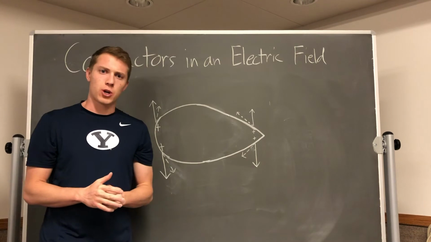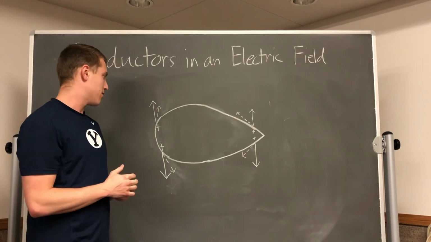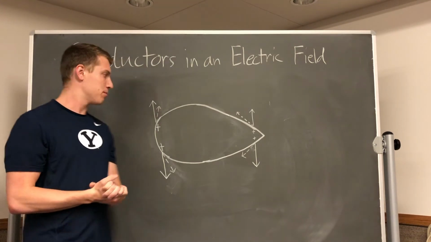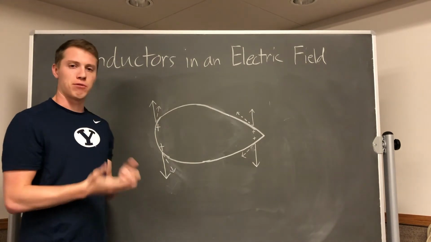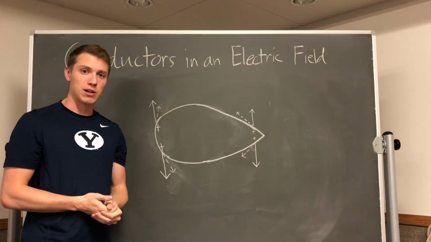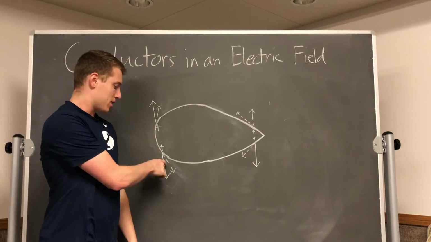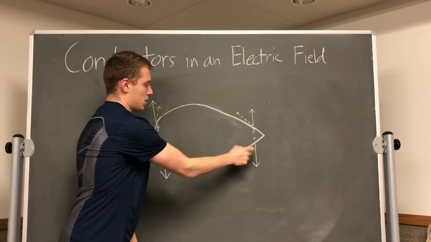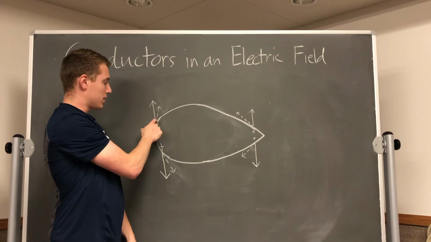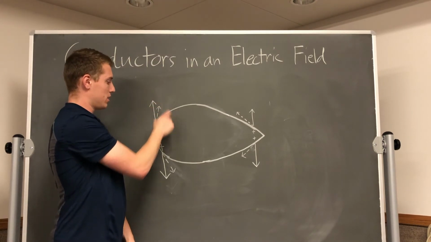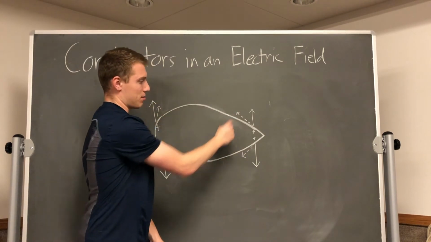But charges in a conductor have another force acting on them. And this is the force that is parallel to the surface of the conductor. And that's represented by these dotted lines. So you have a dotted line right here, it's parallel to this surface, it's going out in this direction. Same here, same here, same here.